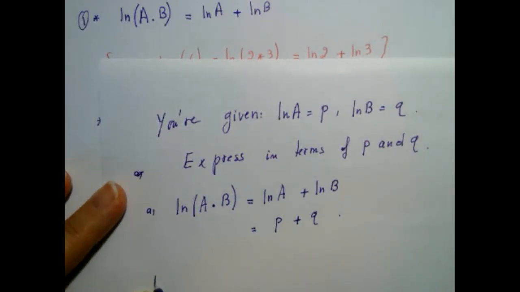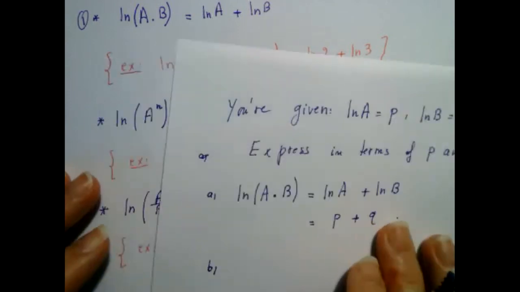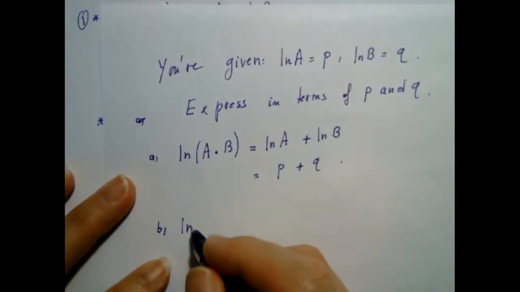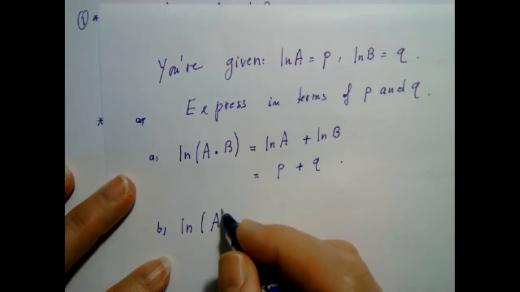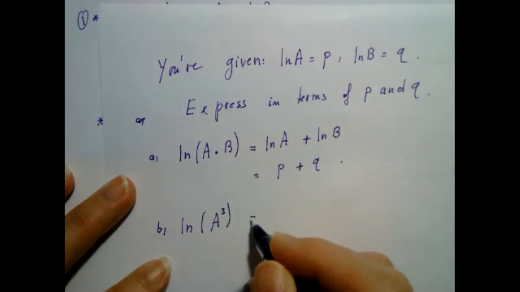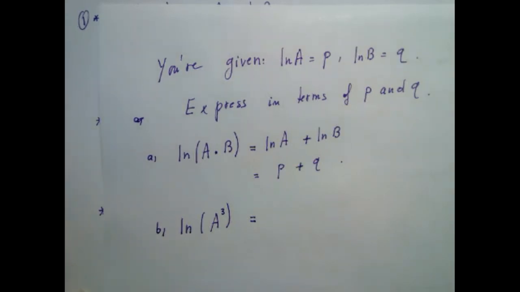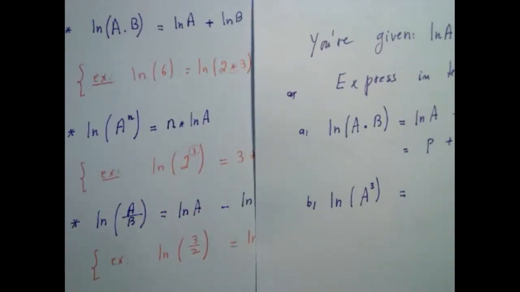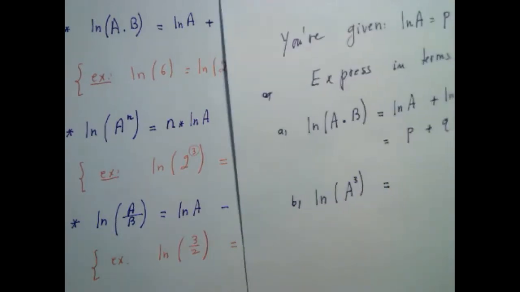All right, now I'm going to give you others, and I want you to tell me what the answer is. Suppose I give you ln of a to the power 3. This is equal to what in terms of p and q? These are the properties that you have to use verbatim to give me the answer. So get going, and please, I want participation from a lot of you.